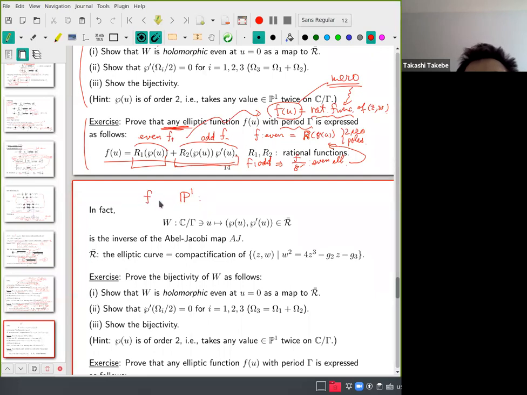If f is a meromorphic function on P1, then f is a rational function.